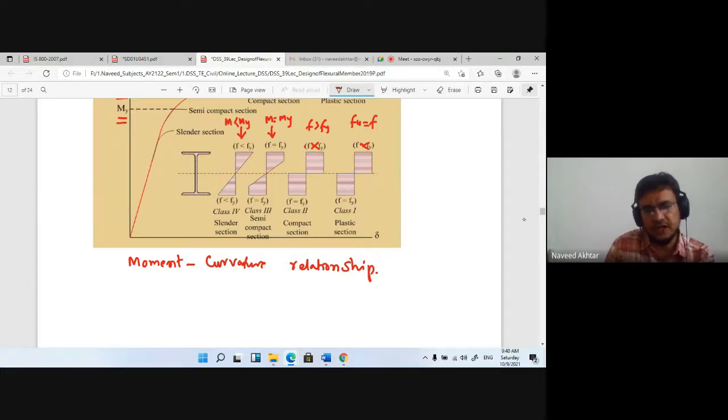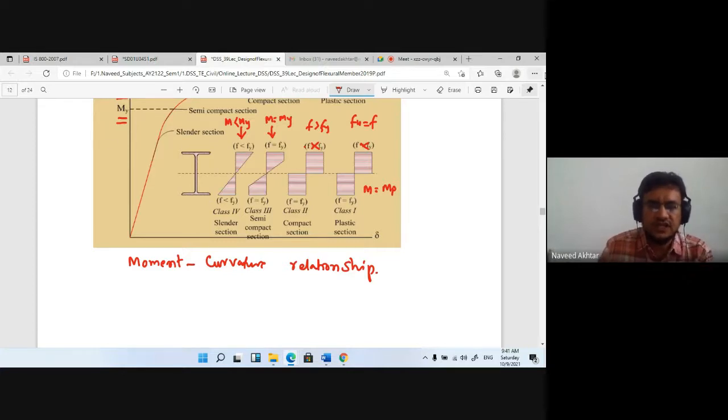Okay, and in both cases M is equal to MP, and depending on the rotation capacity the mechanism is formed, then the section is class 1. If M is equal to MP and the rotation is inadequate, then it is a compact section.